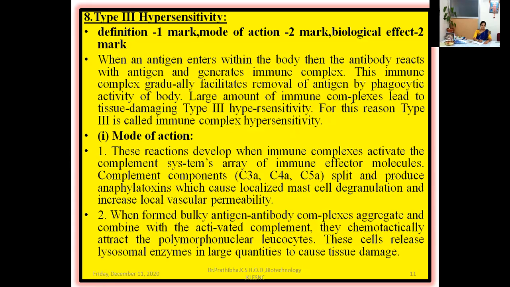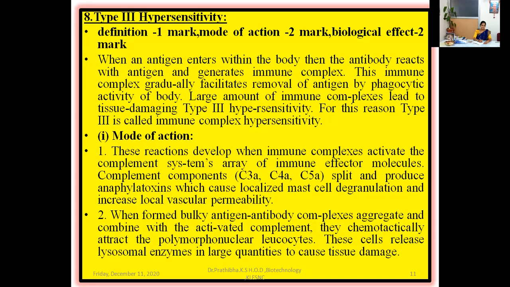Now let us go through the mode of action. These reactions develop when immune complexes activate the complement system's array of immune effector molecules. Complement components like C3a, C4a, C5a split and produce anaphylatoxins, which cause localized mast cell degranulation and increase local vascular permeability.